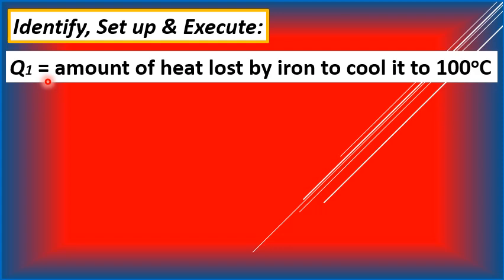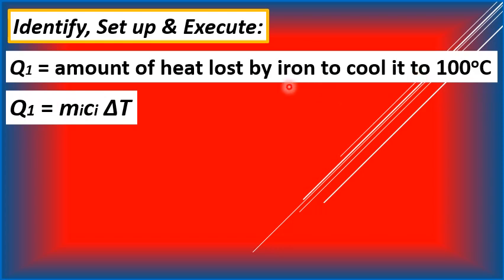We let Q1 be the amount of thermal energy liberated by the piece of iron as it cools down from 745 degrees Celsius to 100 degrees Celsius.